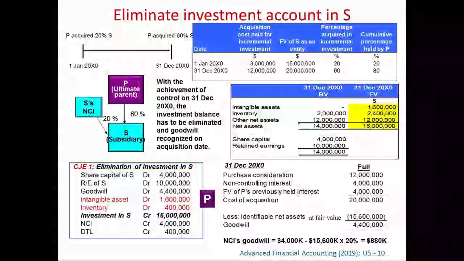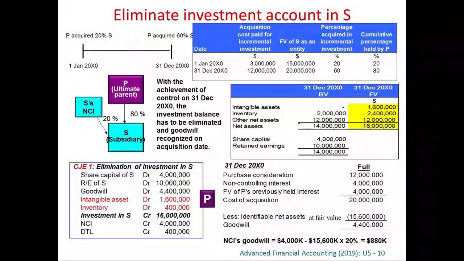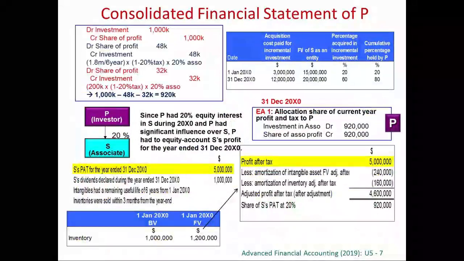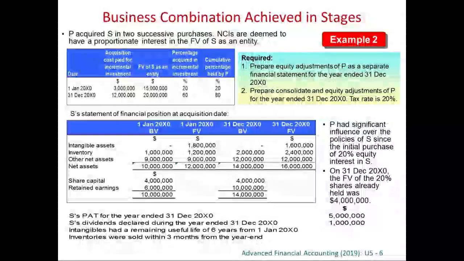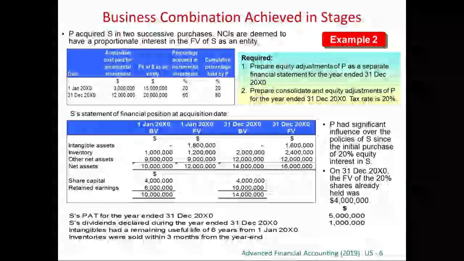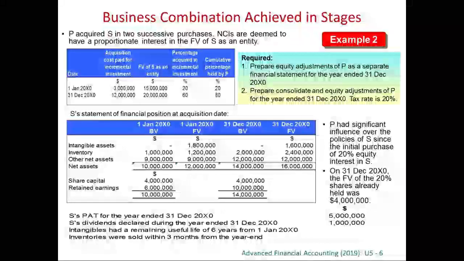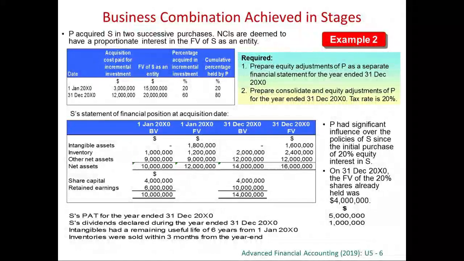Second item is the non-controlling interest. Let's see whether we have got the fair value of non-controlling interest. We don't have, right? But the question says that NCI should be calculated as a proportionate interest in the fair value of S as an entity. And at the day of acquisition, the fair value of S as an entity is 20 million. This is given by the question.